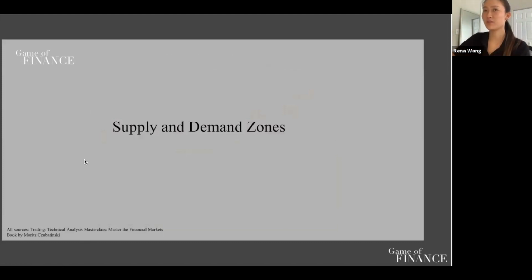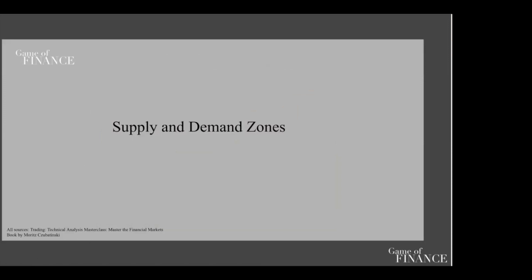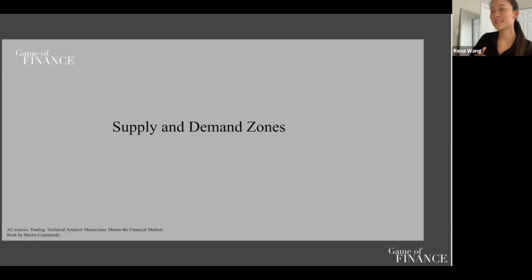Supply and demand zones. Can anyone remind me what supply and demand are in economics? Demand is basically that people want something, and supply is the thing that the factories or companies make. Yes, that is 100% correct. Trading is I buy something, you sell something. That is why the stock market is called the stock market, because the market is where the trade occurs.